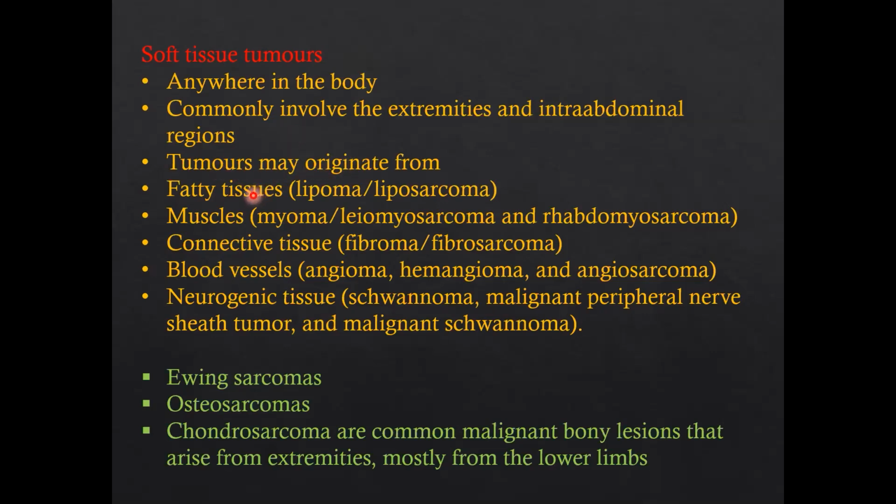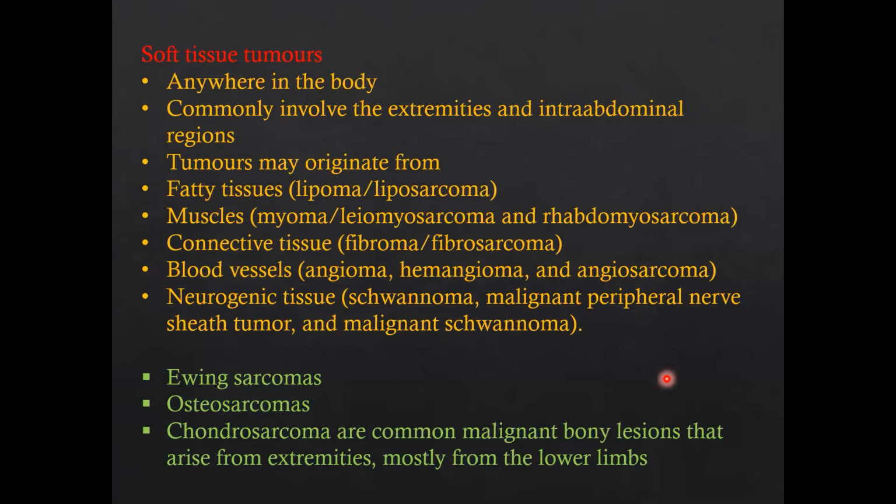Tumors may originate from fatty tissues like lipoma, liposarcoma, muscles like myoma, leiomyosarcoma, and rhabdomyosarcoma, connective tissues like fibroma, fibrosarcoma, blood vessels, angioma, hemangioma, and angiosarcoma, neurogenic tissue, schwannomas, malignant peripheral nerve sheath tumors, and malignant schwannomas. These are the soft tissue tumors. Now, coming to bony, you have Ewing sarcoma, osteosarcomas, chondrosarcomas. These are the common malignant lesions that arise from extremities, mostly from the lower limbs.